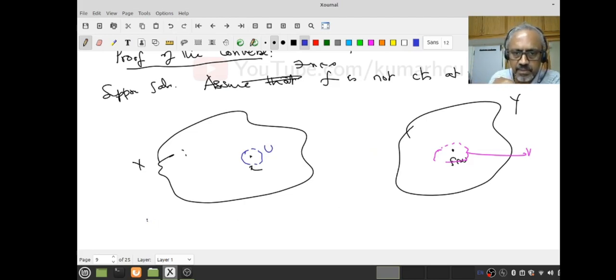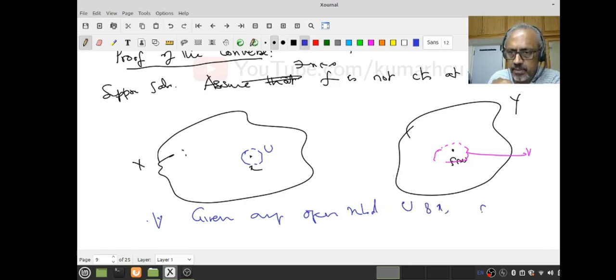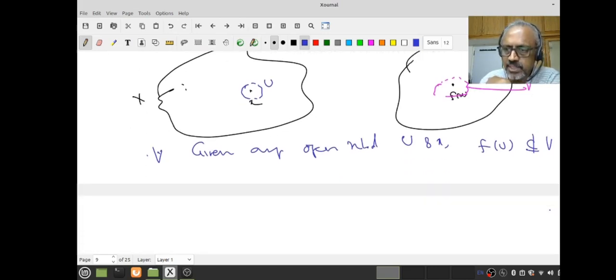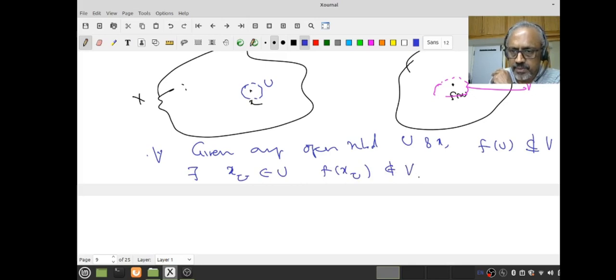That means given any open neighborhood U of x, f(U) is not contained in V. So a subset is not contained in another set. What does it mean? That means there exists an element, call it x_U in U, so that f(x_U) is not in V. Do you understand that?